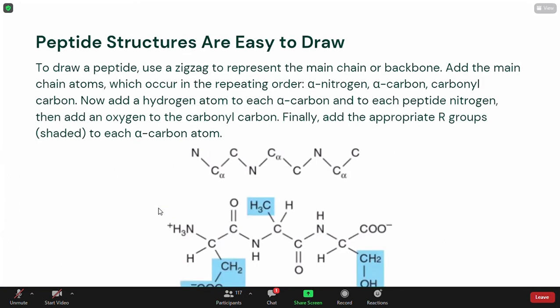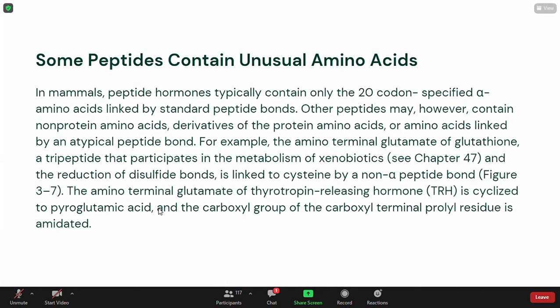All right, peptide structures are easy to draw. Some peptides contain unusual amino acids, yes. For example, glutathione. Glutathione is made up of 3 amino acids: glutamate, cysteine, and glycine.